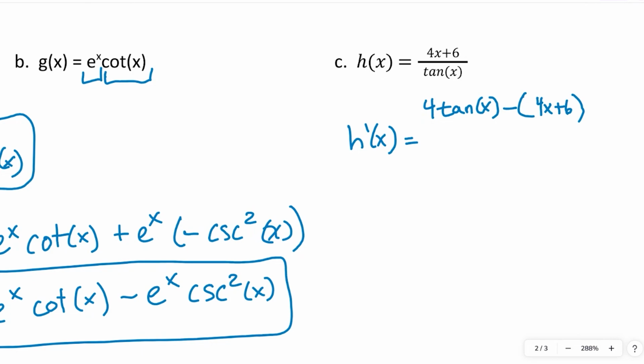Times the derivative of the bottom. Now this requires the derivative of tangent, but hopefully you're starting to remember that that is going to be secant squared x, all over tangent x times itself, so tangent squared x. Okay, that looks pretty good.